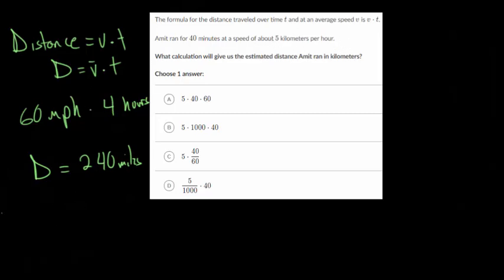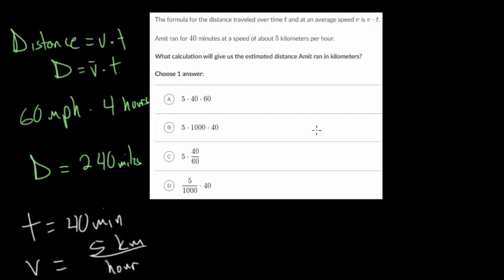So our time is 40 minutes, and our speed is 5 kilometers per hour. Now, to answer this question, what calculation will give us the estimated distance Amit ran in kilometers? To find the distance, you multiply the average speed times the time. So we have to multiply our speed of 5 kilometers per hour by the time of 40 minutes.